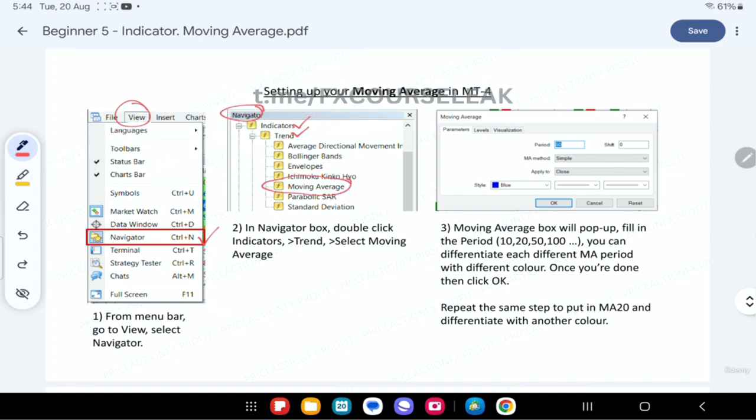Double click Moving Average and another box will pop up in front of your screen. Over here, set your moving average. Just now we have two moving averages, so first put in the period as 50 to calculate the previous 50 candles, and you can edit the color. Choose your preferred color and press OK.